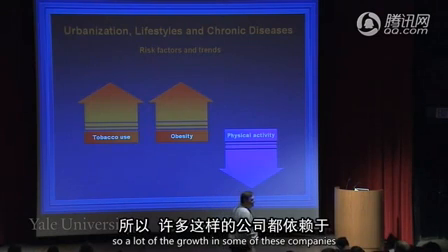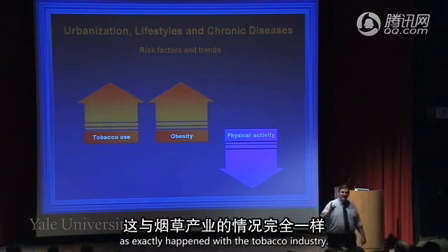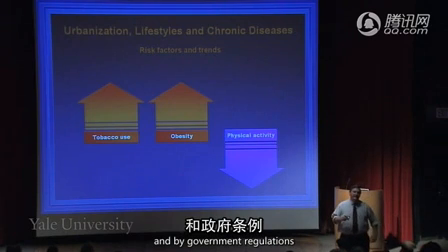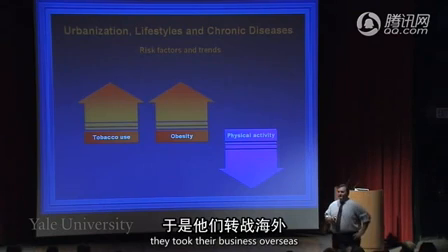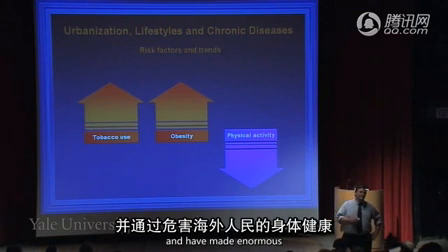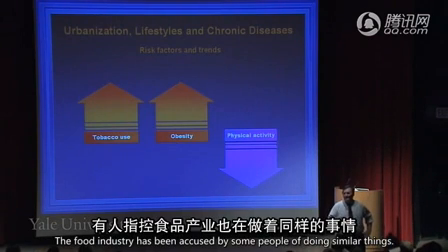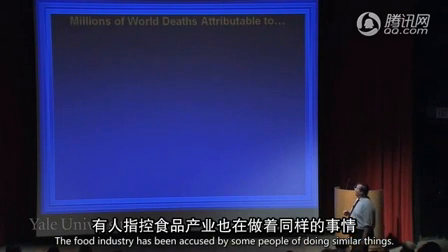And so a lot of the growth in some of these companies is outside the U.S. border, as exactly happened with the tobacco industry. The tobacco industry got hammered by lawsuits and by government regulations and bad publicity in the United States. They took their business overseas and have made enormous amounts of money imperiling the health of people outside the U.S. borders. The food industry has been accused by some people of doing similar things.